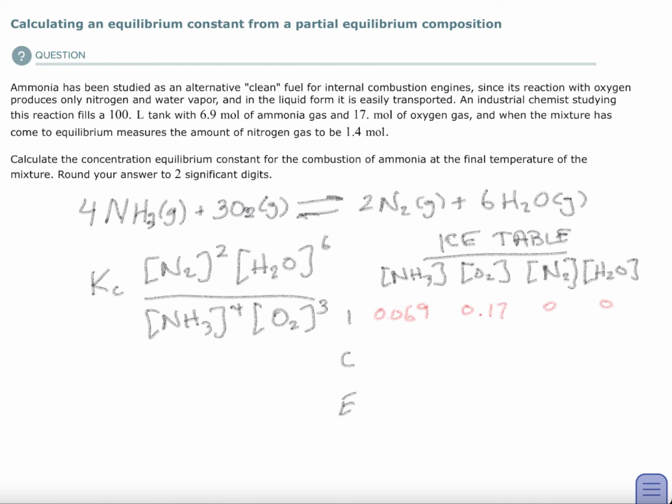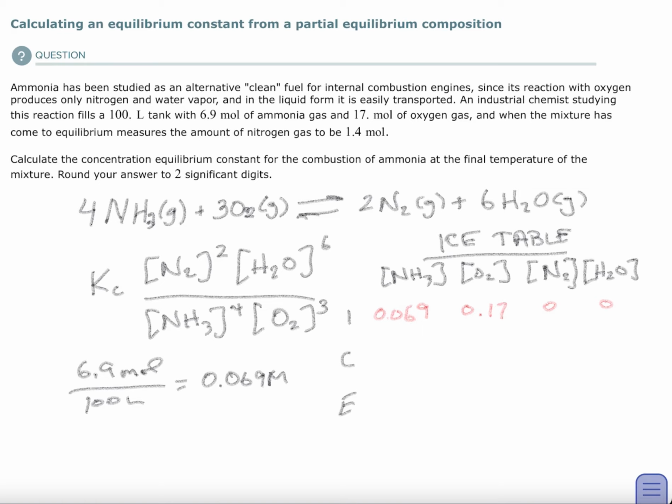So they tell you that you have 6.9 moles of ammonia gas. If you have 6.9 moles and there's 100 liters, that's going to give you 0.069 molar. And that is what the brackets mean.